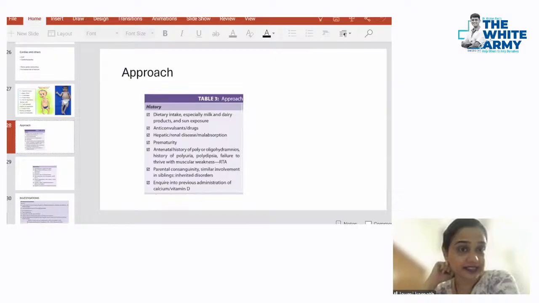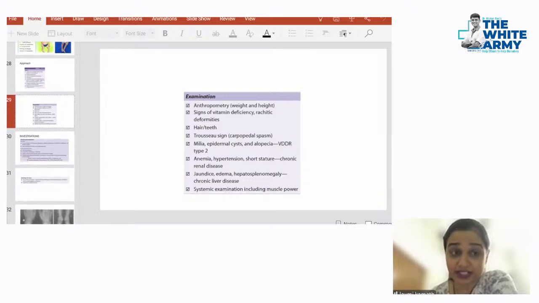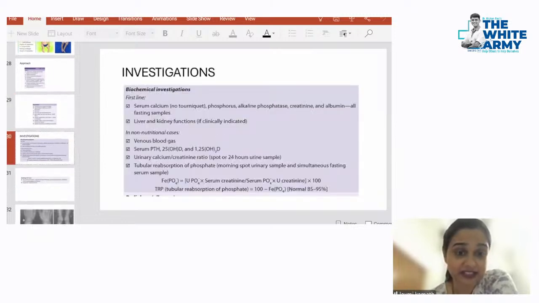And then we even discussed the approach. How do we approach a child with rickets? Okay. So there we basically concentrated on nutritional deficiency and how to pick up that nutritional deficiency. What are the baseline investigations that we are supposed to do?